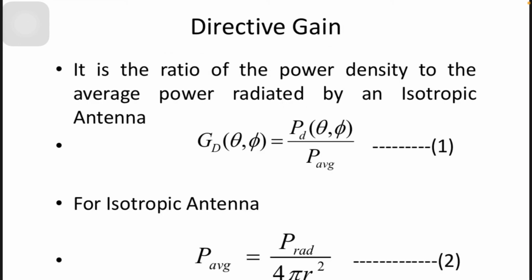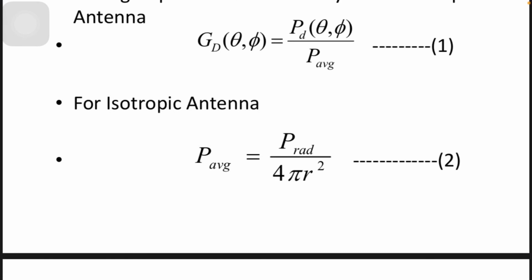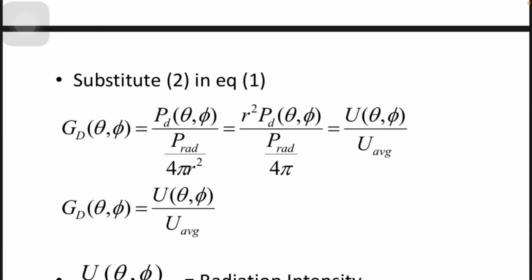Directive gain. It is the ratio of the power density to the average power radiated by an isotropic antenna. Gd(theta, phi) equals Pd(theta, phi) by P average, that is the first equation. For an isotropic antenna, P average equals P radial by 4 pi r squared. This is the second equation. Gd(theta, phi) equals Pd(theta, phi) by P radial by 4 pi r squared. Then r squared Pd(theta, phi) by P radial by 4 pi.